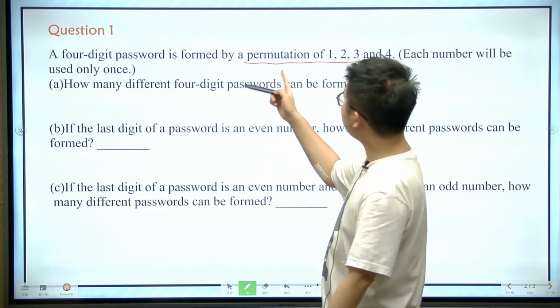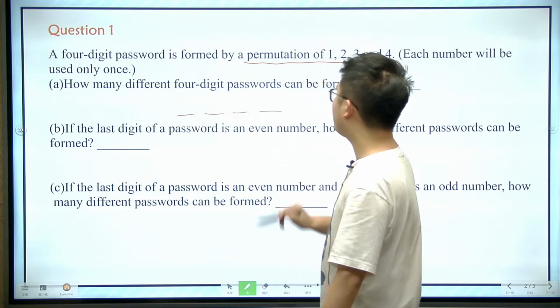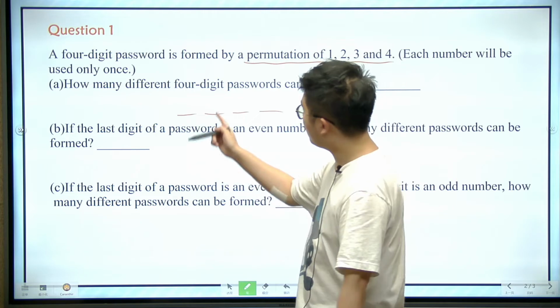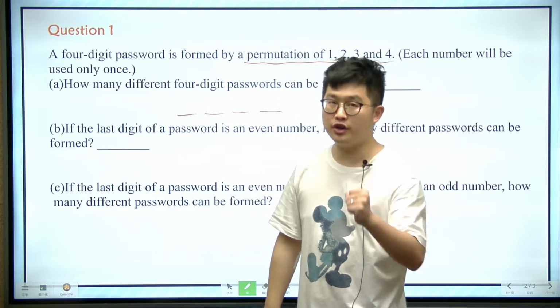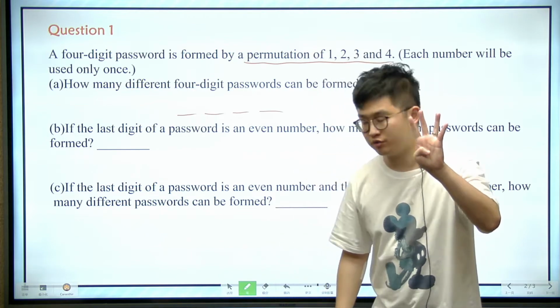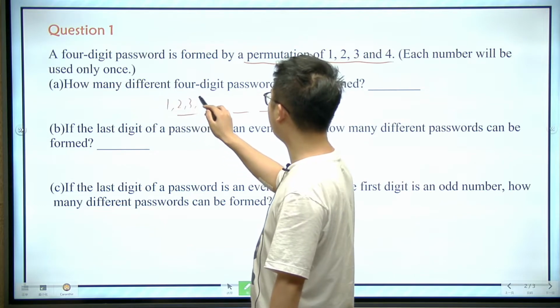Now, this is a permutation of a 4-digit password. So we draw 4 blanks here. For the first blank, how many choices do we have? We have 4 choices. We can put 1 or 2 or 3 or 4 here.